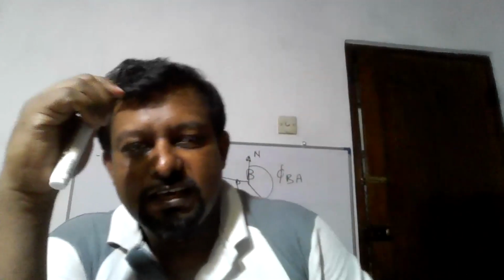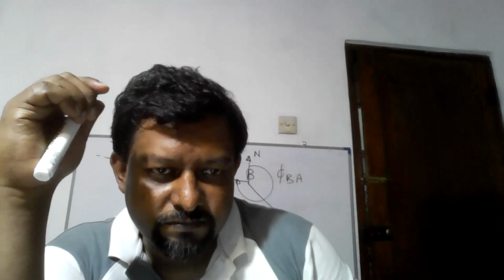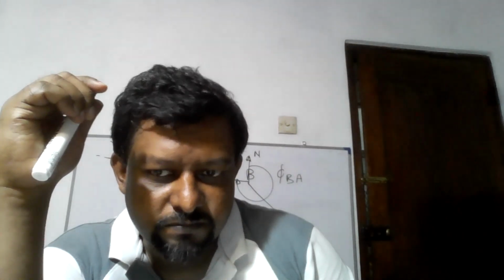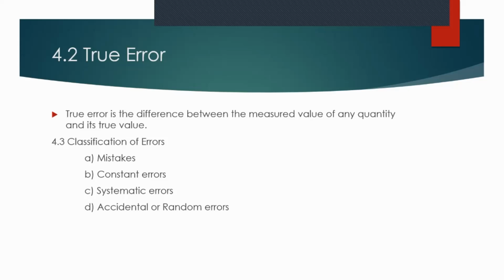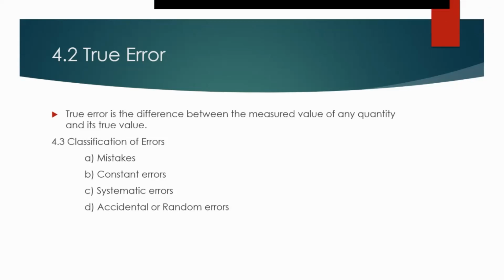Now likewise, the difference between the measured value or whatever you measured as the length from its true value is called true error.